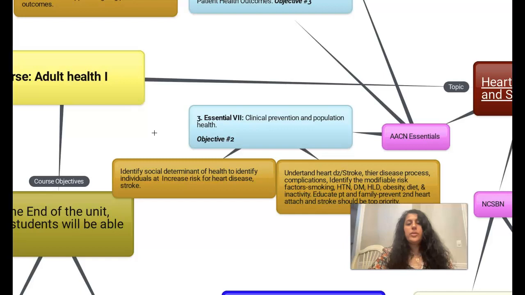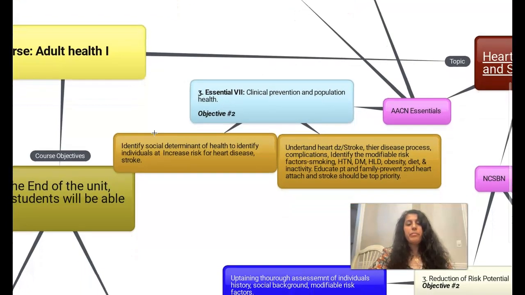And the third essential is clinical prevention and population health. It is important that the baccalaureate student will be able to identify social determinants of health, to identify individuals at increased risk for heart disease and stroke.